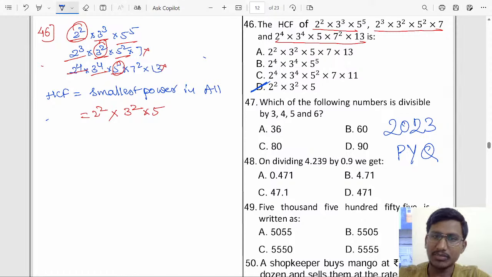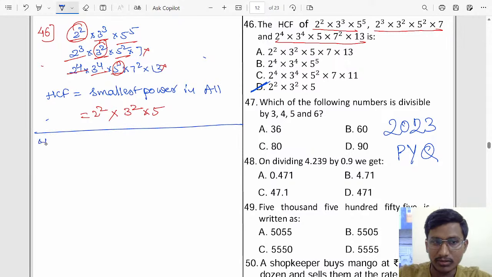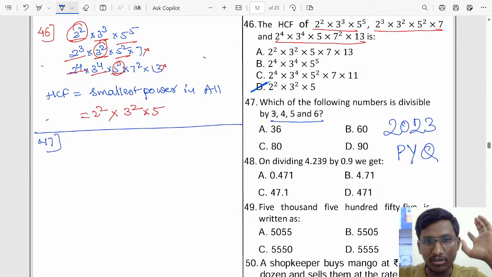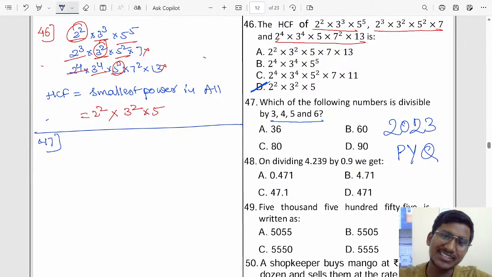Okay, so let me solve the 47th now. So what is it? Which of the following numbers is divisible by 3, 4, 5 and 6? So which of the following numbers is divisible by all these? So we have to take what? Multiple. It should be a multiple of 3, 4, 5 and 6, all the numbers.